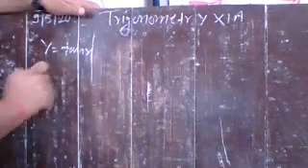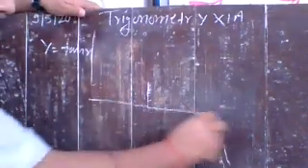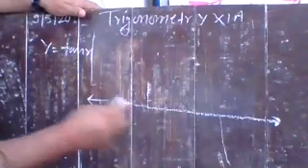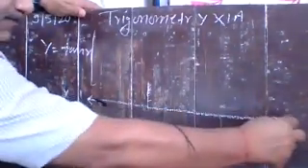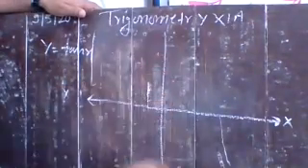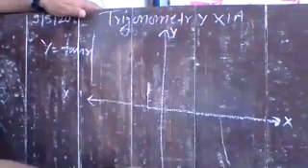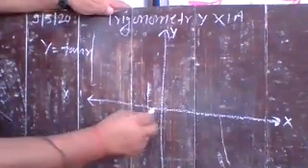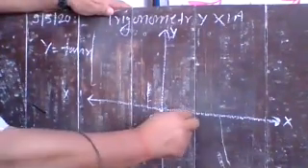Suppose here you take the x dash x axis, and here you have the y axis, y and y dash, in this way. Now you mark the points. Here you have 0.